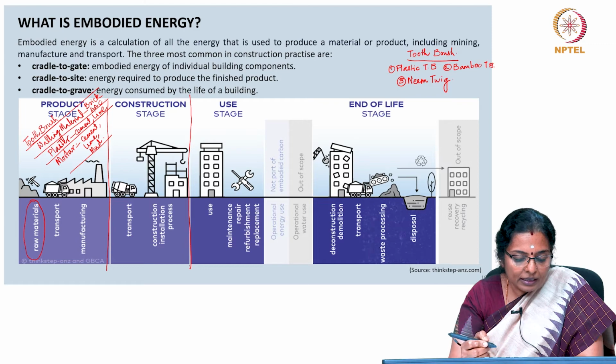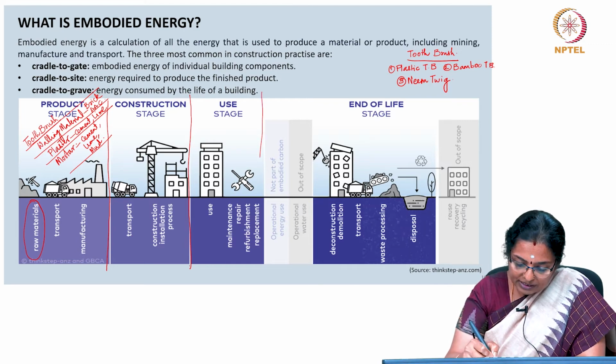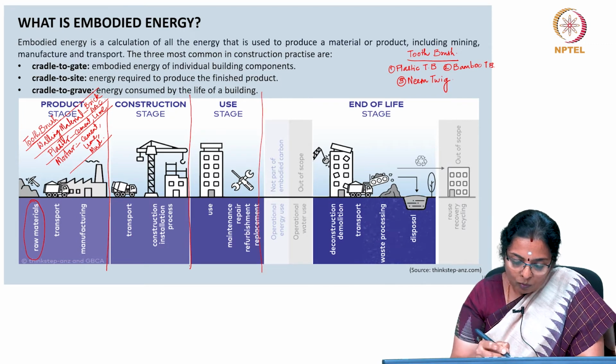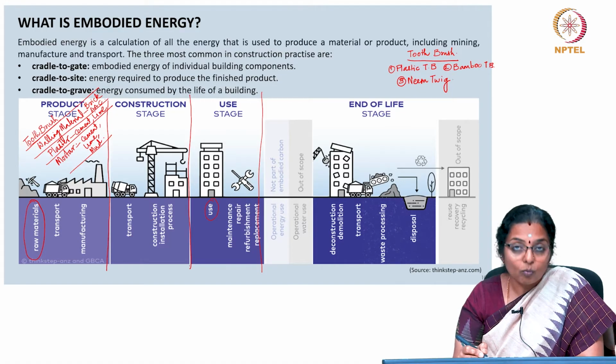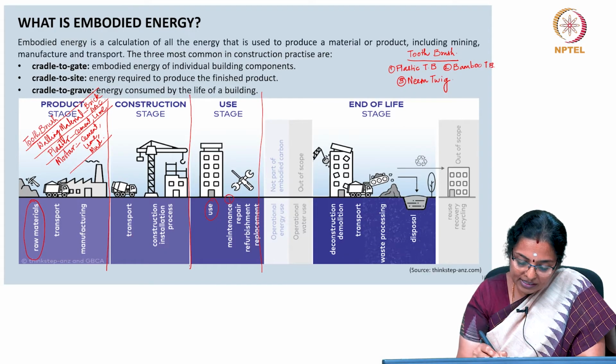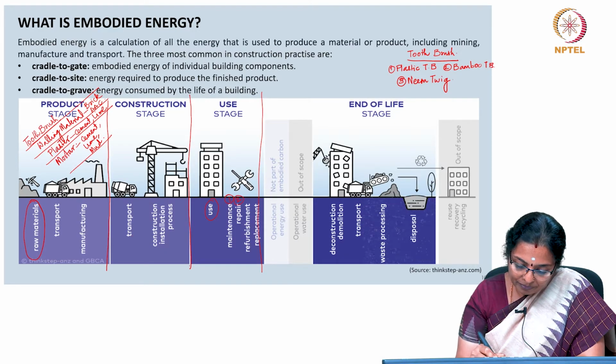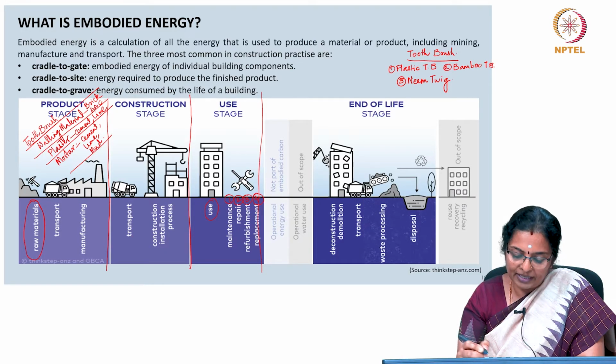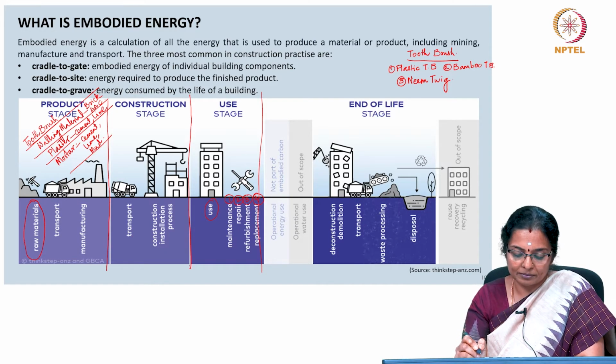So, you have then use stage. What is the embodied energy during use of the building? What is the embodied energy required for maintenance, repair, refurbishment and replacement? Four things.